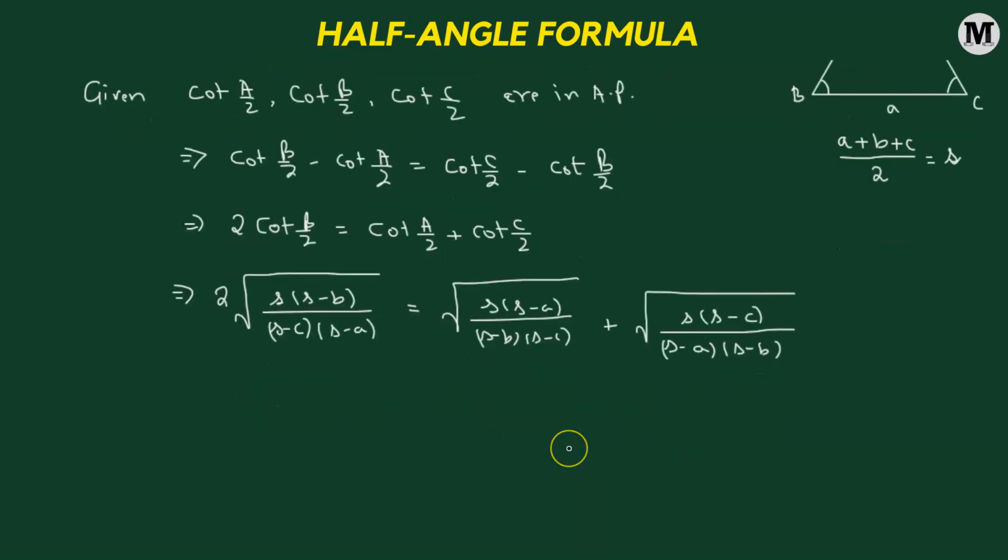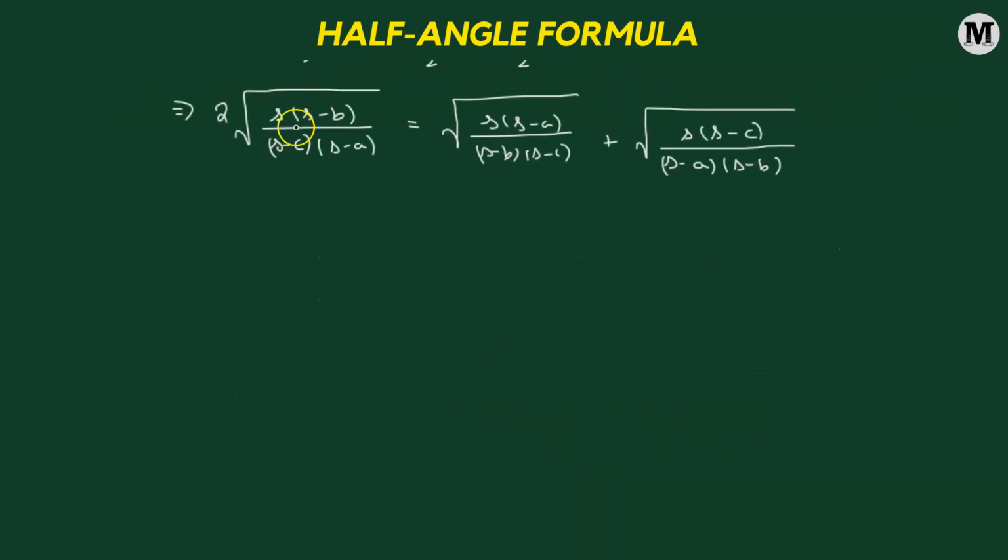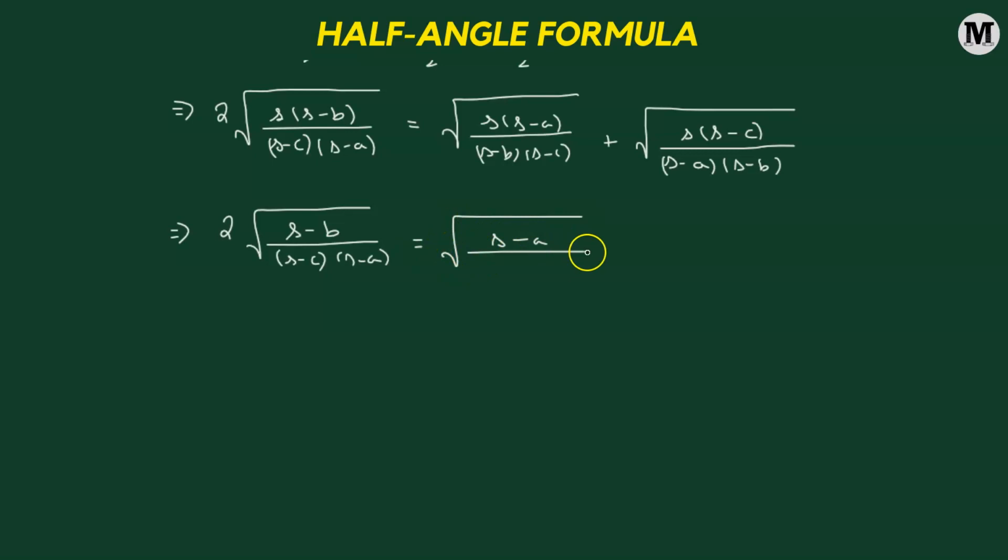Now, from both sides we have s in the numerator, so we can factor out the square root of s from both sides. This is going to simplify our problem. So we have 2 times the square root of s minus b divided by s minus c times s minus a, equal to the square root of s minus a divided by s minus b times s minus c, added to the square root of s minus c divided by s minus a times s minus b.